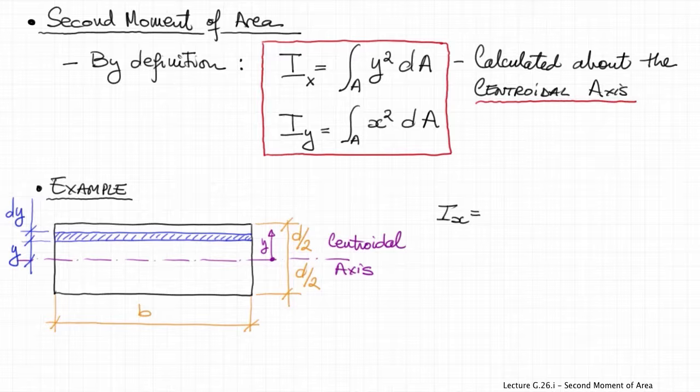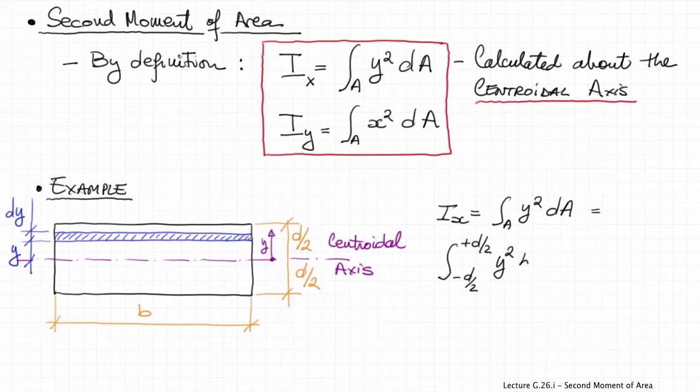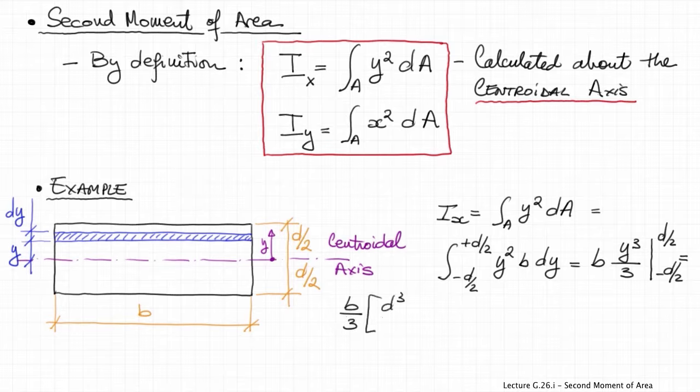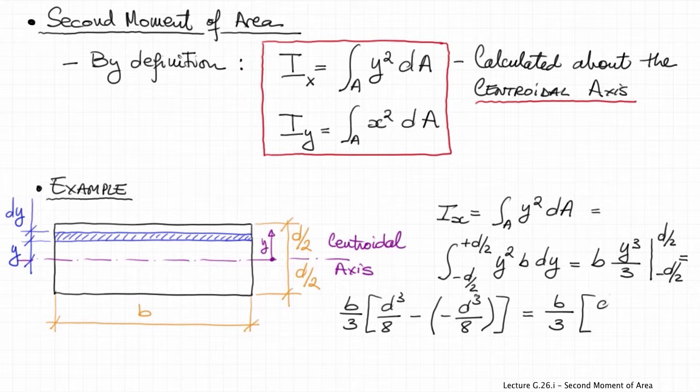So now if we were to calculate the second moment of the area about the x-axis, the horizontal axis, which is the centroidal axis, that will be equal to the integral over the area of y squared dA, or if we go in one dimension, the integral from negative half d to positive half d of y squared b dy, with b dy being equal to dA, and that equals by cubed divided by 3, taken from negative half d to positive half d, or b over 3 times d cubed divided by 8 minus negative d cubed divided by 8, or b over 3 times d cubed divided by 4.